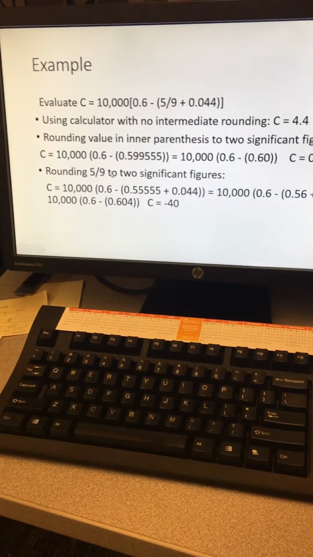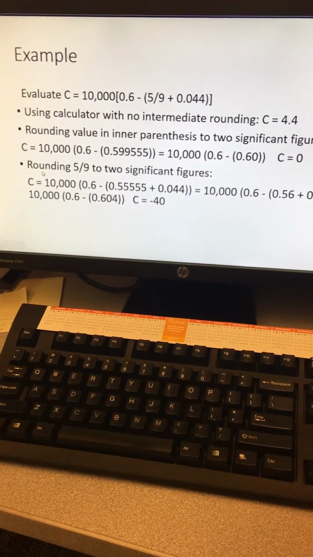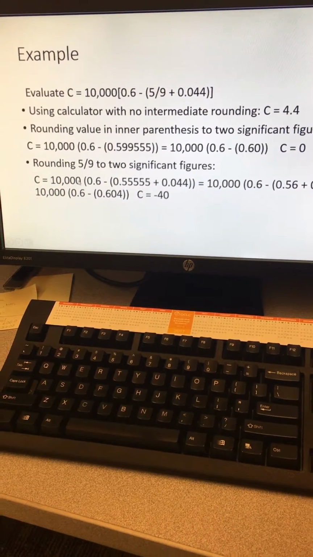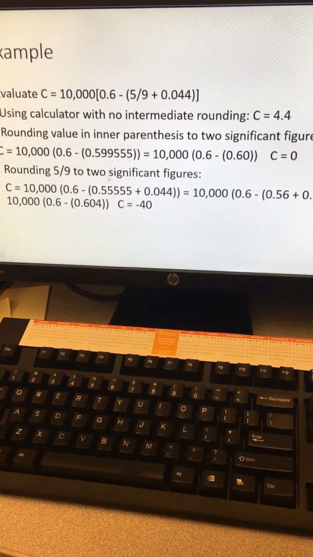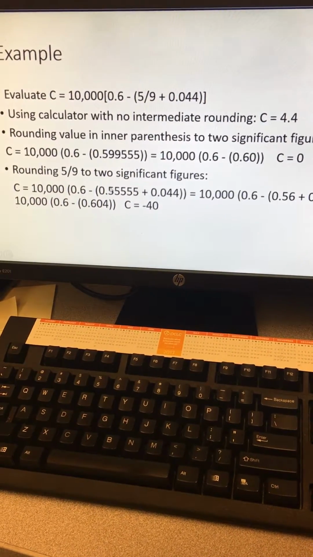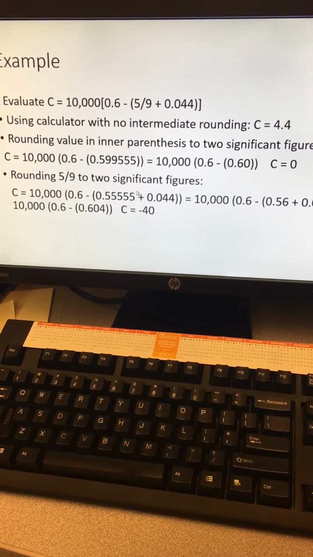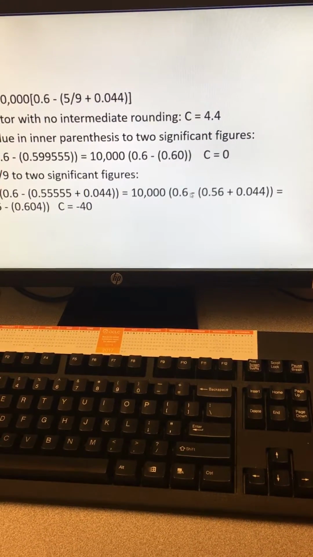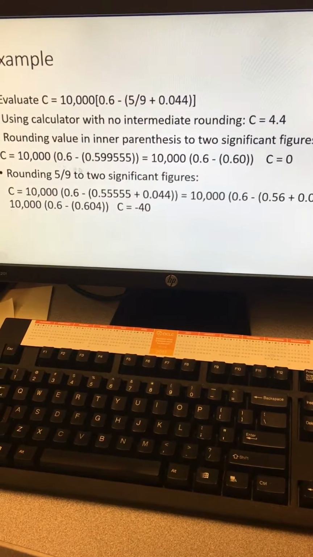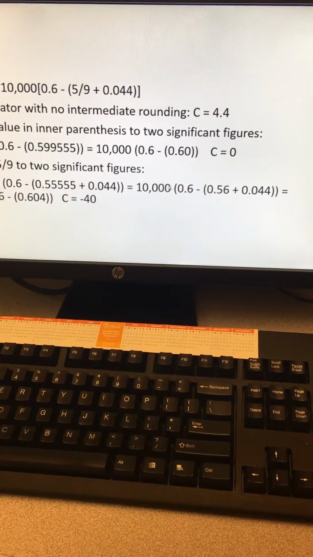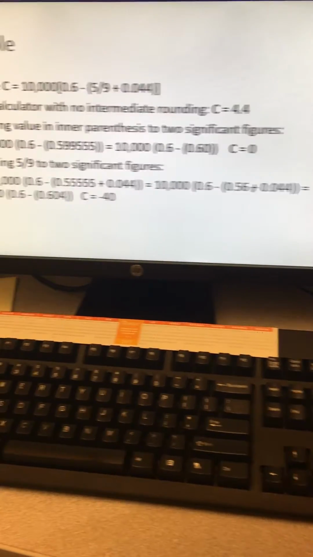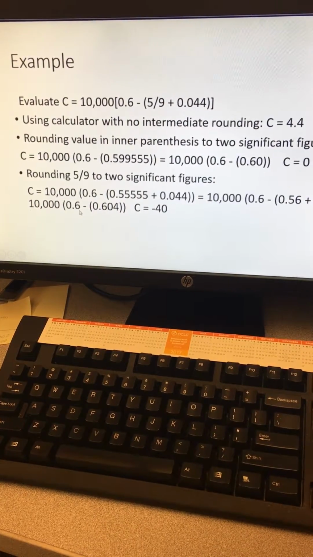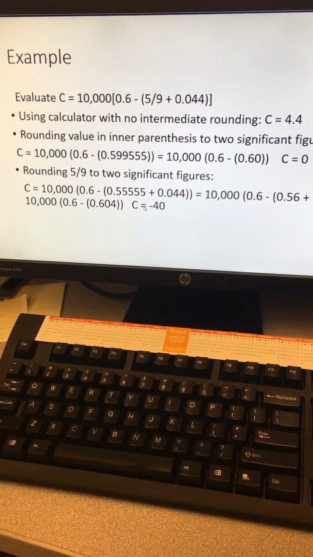And if we rounded 5 divided by 9 to 2 significant figures, it'd be C is equal to 10,000 times (0.6 minus 5 divided by 9, which is 0.555, plus 0.044), which is equal to 10,000 times (0.6 minus 0.56 plus 0.044), and that would equal 10,000 times (0.6 minus 0.604), and C would then equal negative 40.